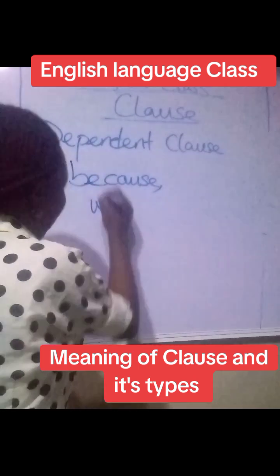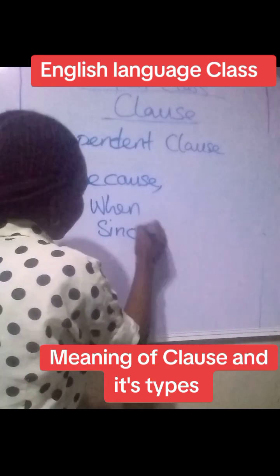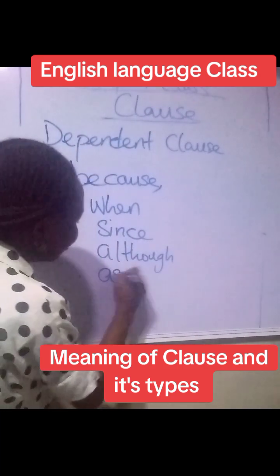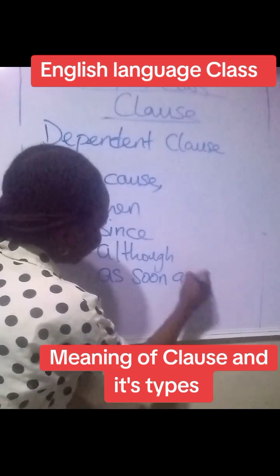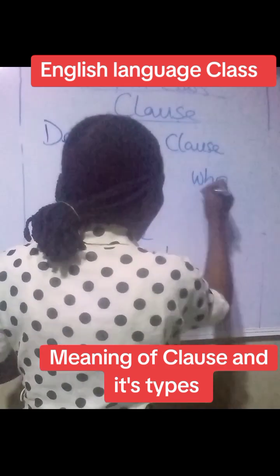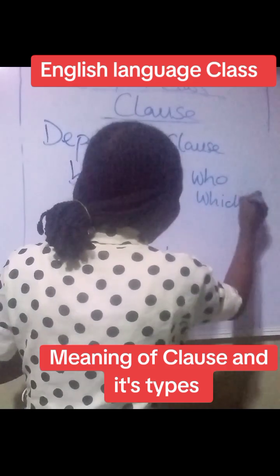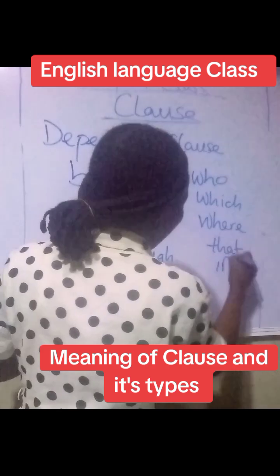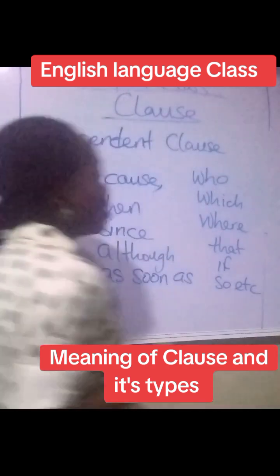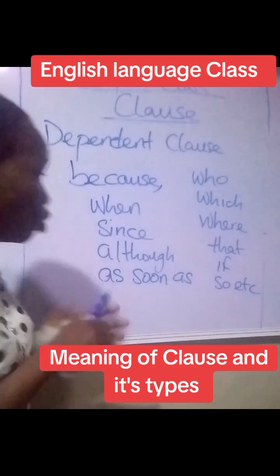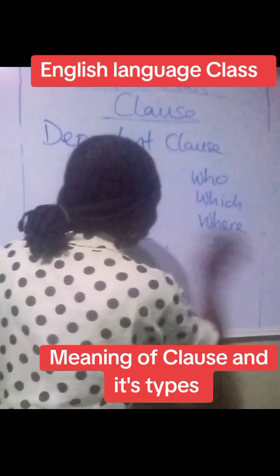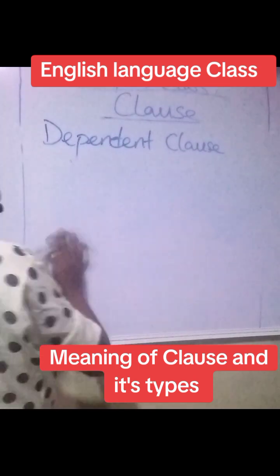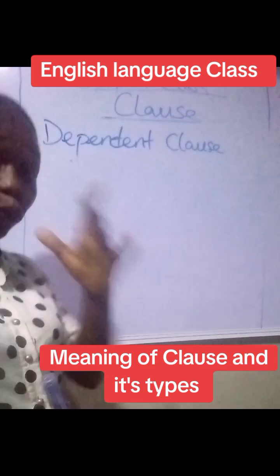Because, when, since, although, as soon as, who, which, where, okay, that, if, so, etc. These are examples of some subordinate conjunctions. Now let us look at examples of dependent clause. I said it will need to rely on an independent clause for it to have its full meaning.